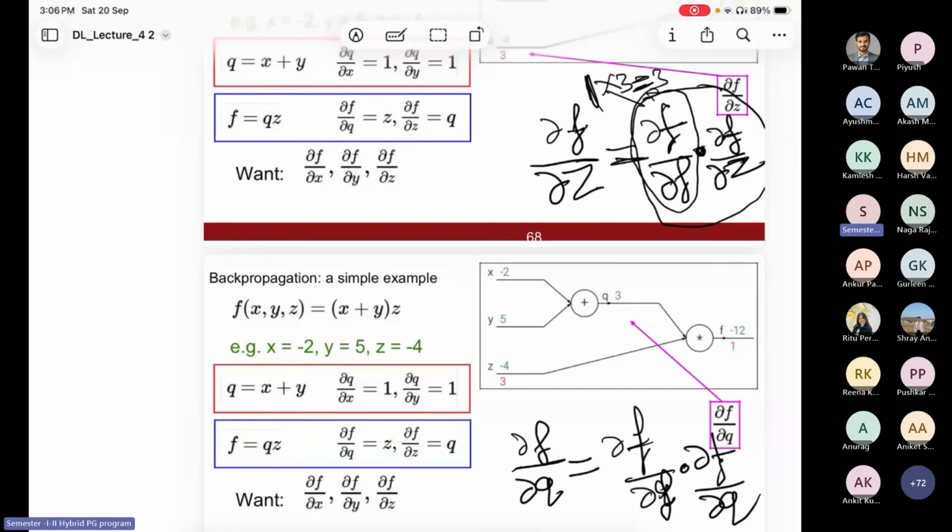So del f by del q is z. And what is the value of z? That is -4. So -4 will come here.